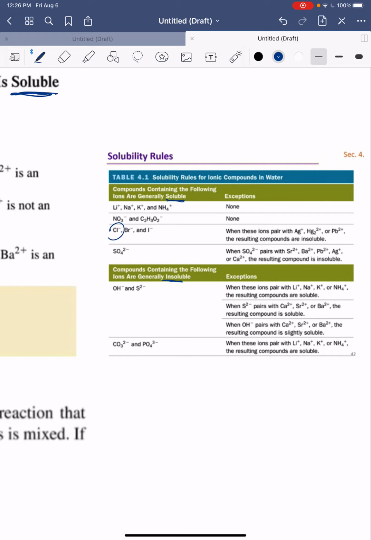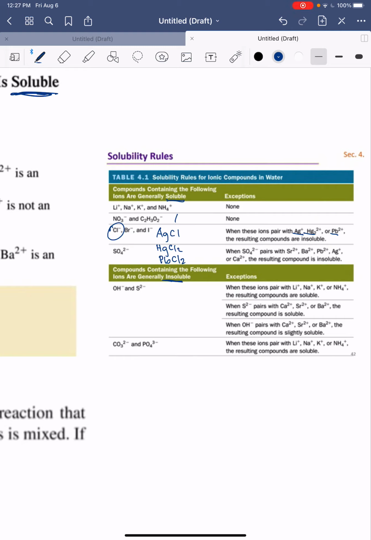we see chloride here. And it says when it contains ions of silver, mercury, or lead 2+, the resulting compounds are insoluble. So I misspoke before seeing chloride. But if we see silver chloride, mercury chloride, lead 2 chloride, all of these are going to be insoluble, okay?